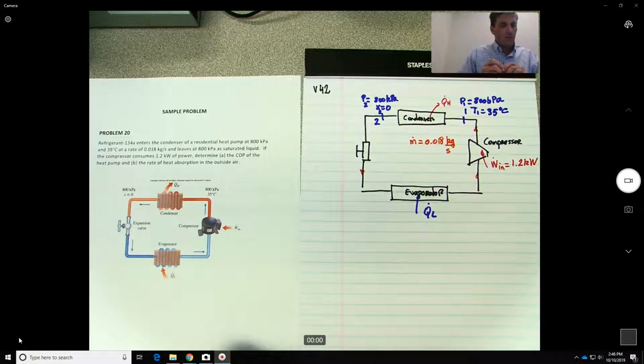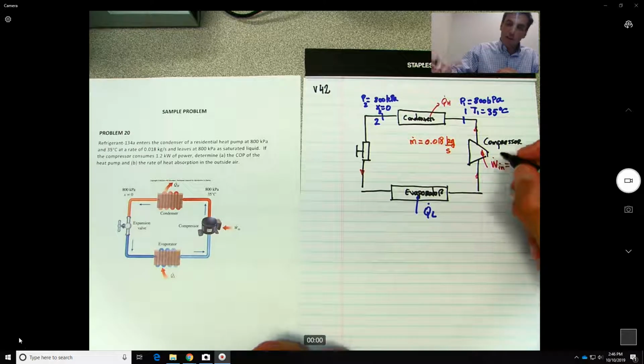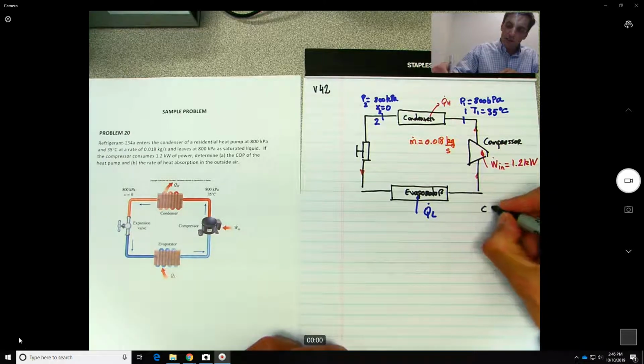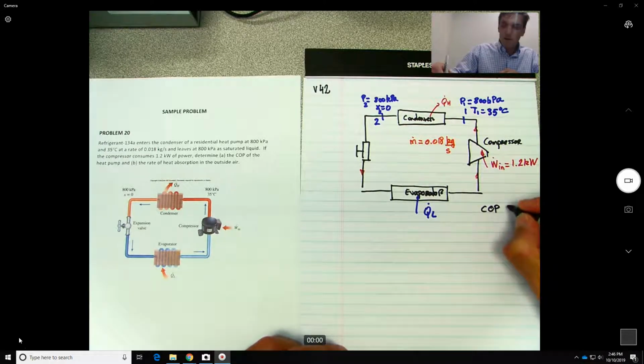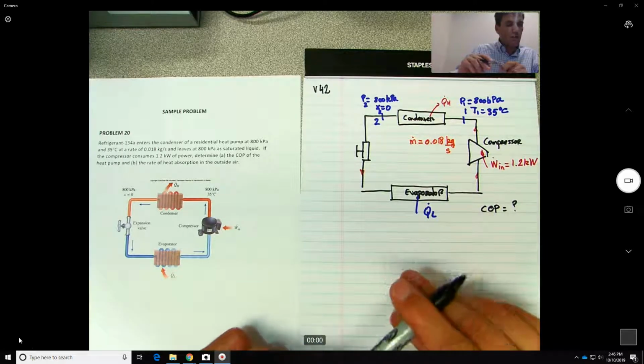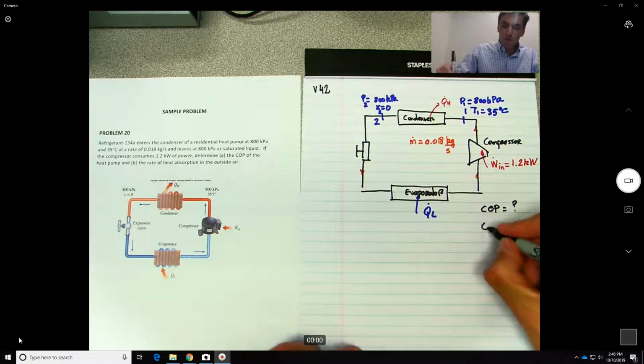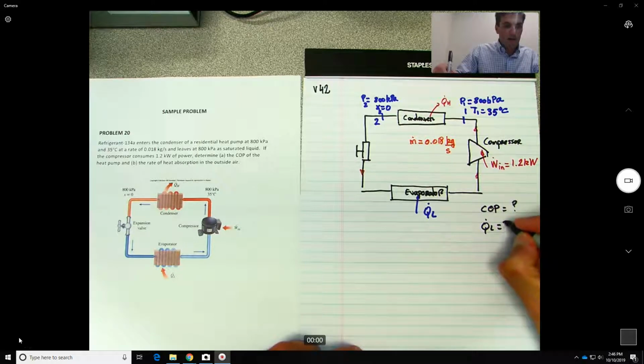Alright, and what do we need to find? We need to find the coefficient of performance of the heat pump, and we need to find the rate of absorption, which will be Q sub L.